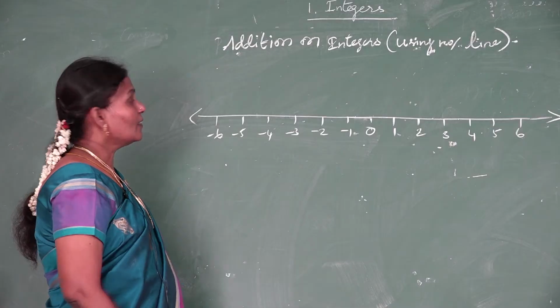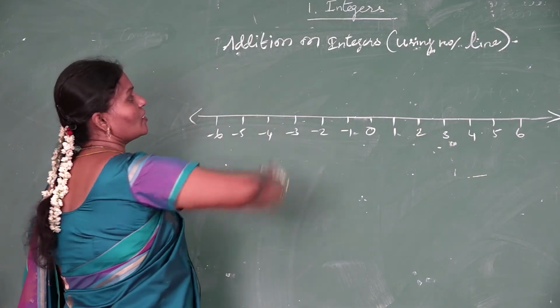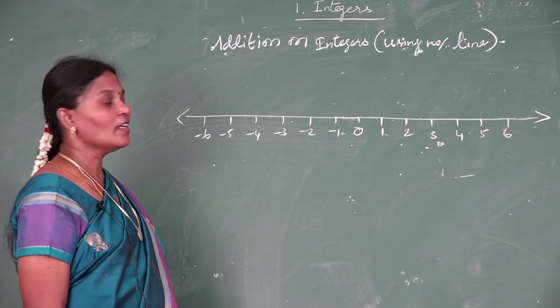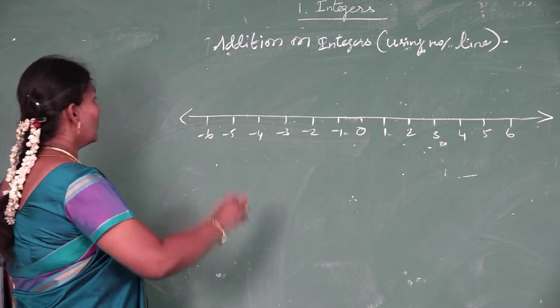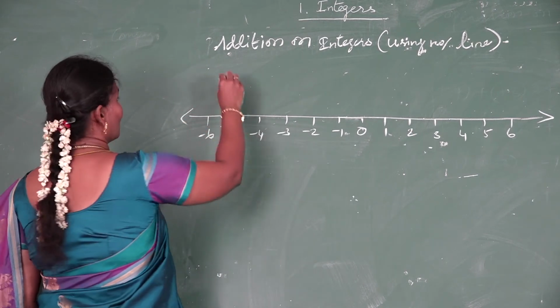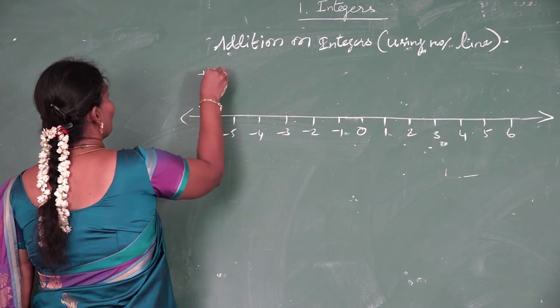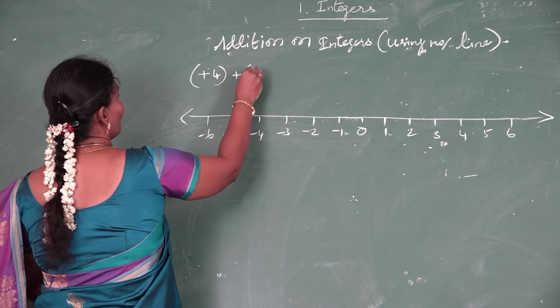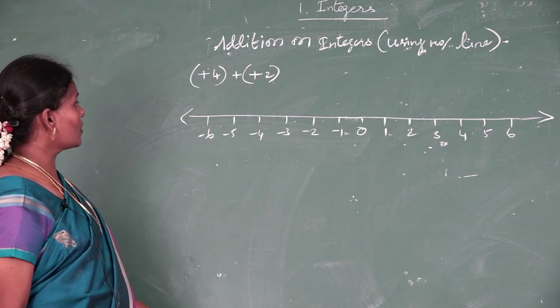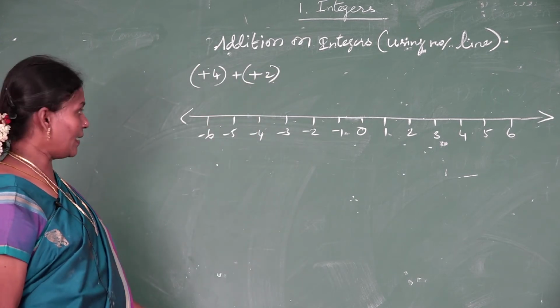Good. Listen children. Now see addition on integers using number line. For example, first take both positive integers. See, plus 4 plus plus 2. So how do you add these integers on the number line?